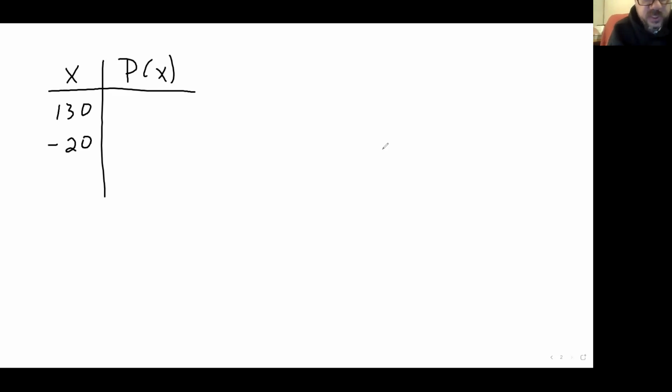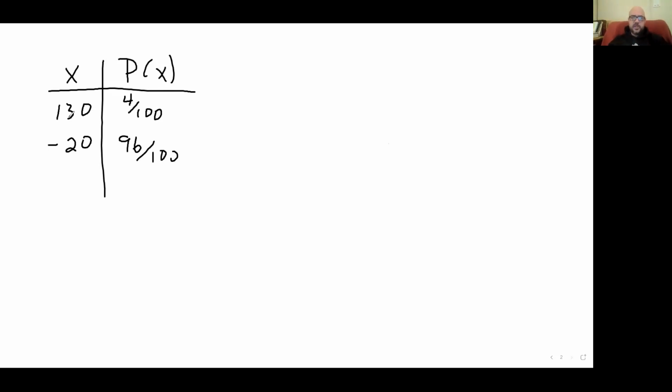And the probability of those things happening, well, there were 100 tickets sold. So the probability of us winning if we buy 4 of them is 4 out of 100. And of us losing is 96. Sorry, I was looking at the negative sign there. 96 out of 100 is the probability of us getting -$20. So much more likely. So that's my PDF.